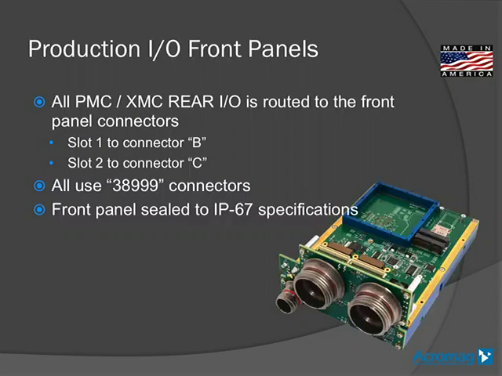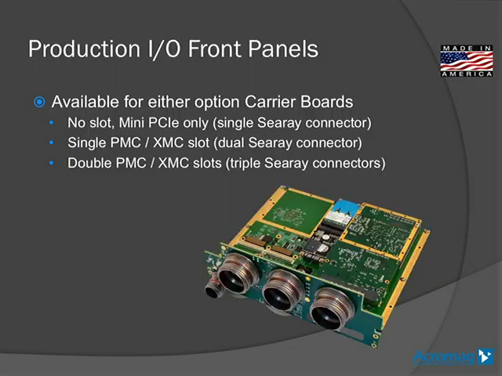One of the key features of the front I/O, again, is all that rear I/O from your PMC XMC sites is routed to, like I said, slot 1 goes to connector B, and slot 2 will go to connector C. These are 38 399 connectors, and it will be CO2 IP67 specifications. From the connector standpoint, obviously, in this situation, if you bought this from us, it would be the end user's responsibility to ensure that the IP67 is carried out in the enclosure.